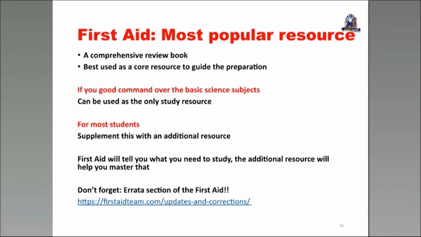It can be used as the only study resource as well if you have a very good command over the basic sciences subjects. But what we have seen is that most students need to supplement this with additional resources to develop an understanding of the concepts and the scientific principles. First Aid will tell you what you need to study, and the additional resources that we are going to talk about will help you master that.